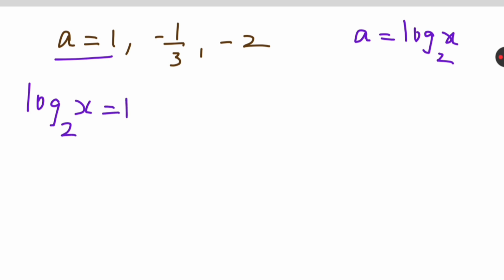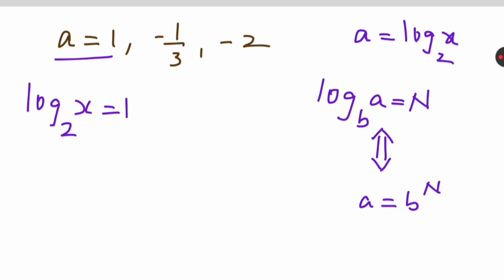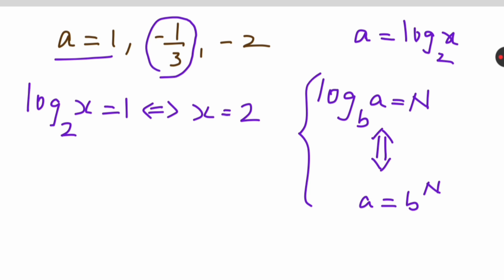Here we use a logarithm property: log a with base b equals n if and only if a equals b raised to the power n. Similarly here, x equals 2 raised to the power 1, which is 2. So the first x value is 2.